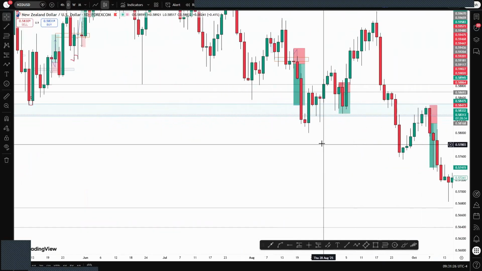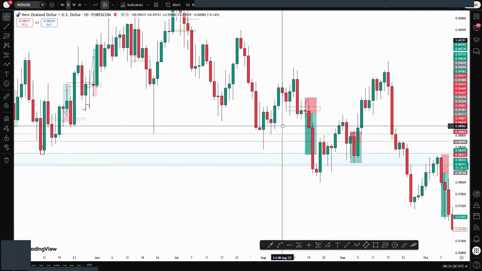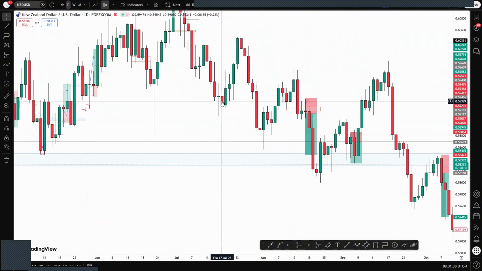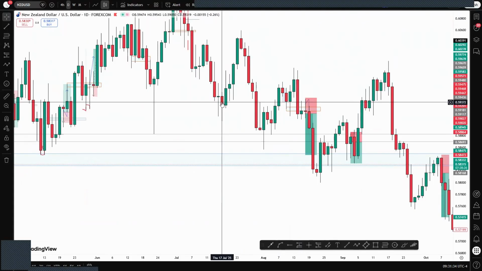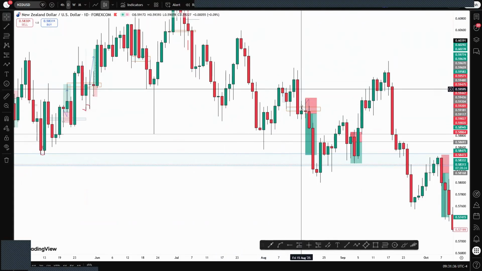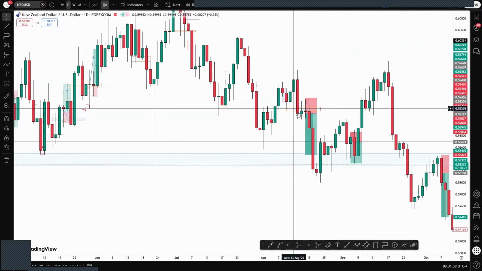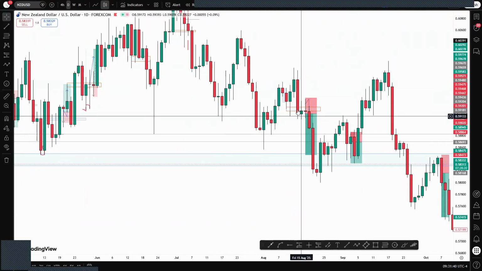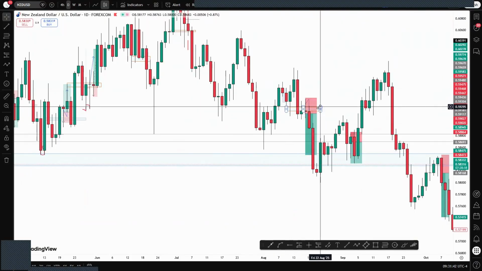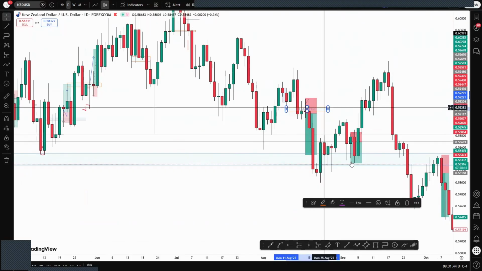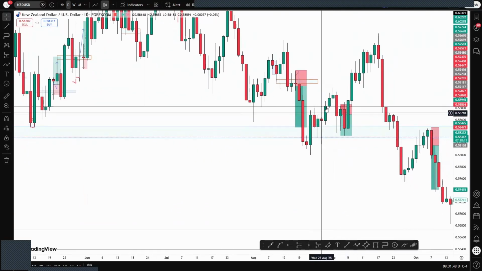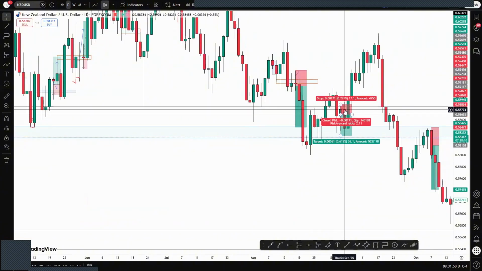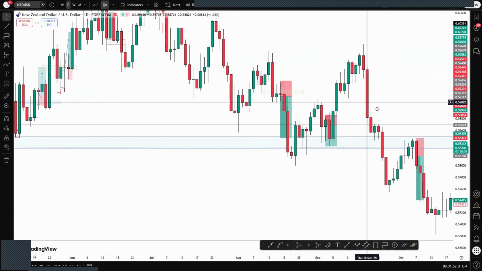Especially here, you can see what happened. I was looking for sales, then price bought up. Then when price closed with the bearish engulfing, it gave me a two. Then my focus was on the forward time frame, and then I sold. The same thing here, price retested, then gave me a two, and my focus was on the daily time frame, then I sold.